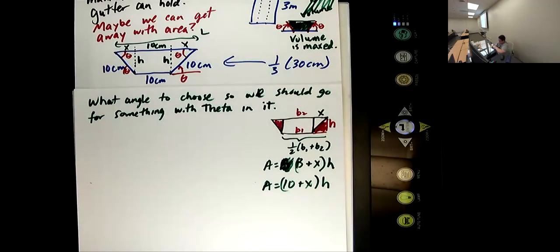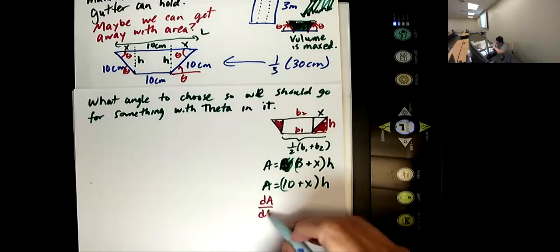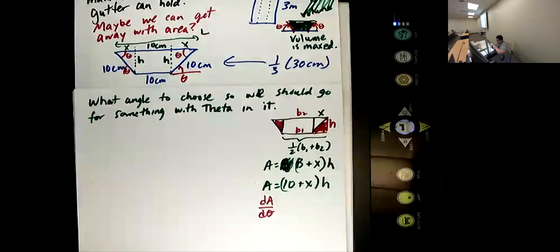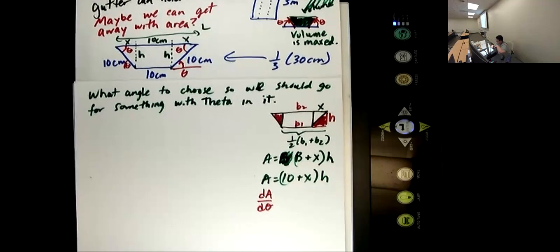And we want to end up with dA d theta if we can. I don't know if we're going to be able to do this, but we're going to try. We might have to do this in multi-parts.